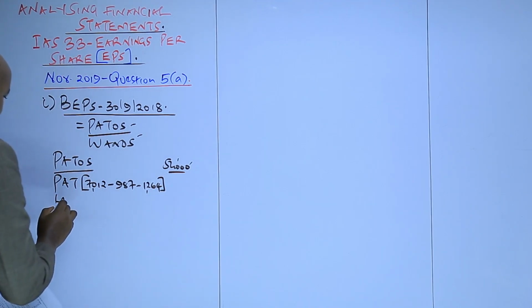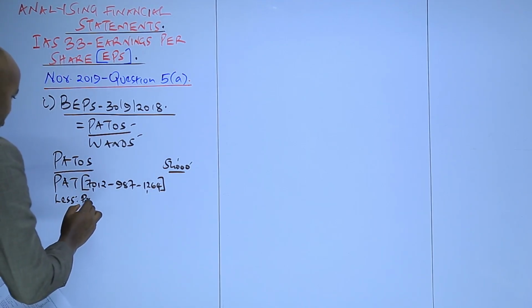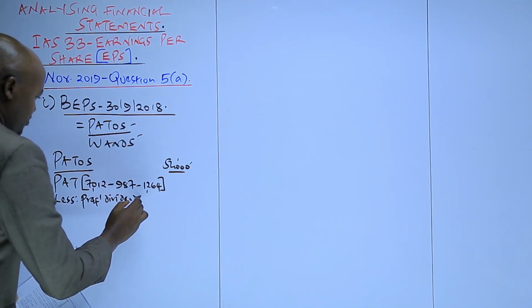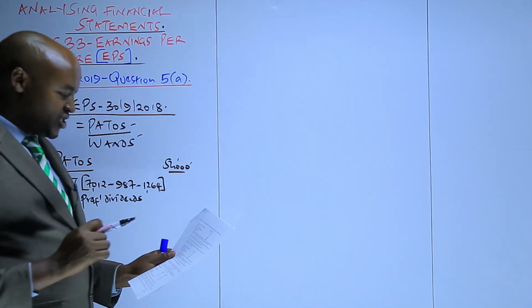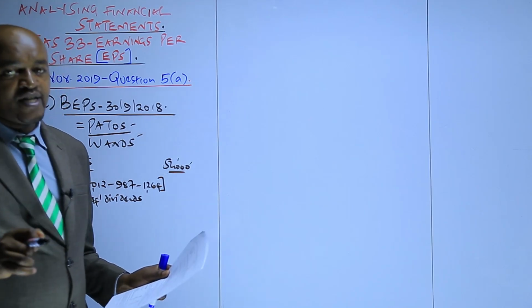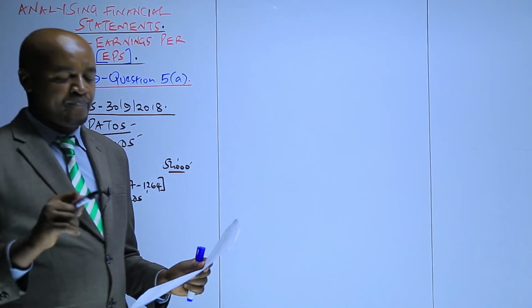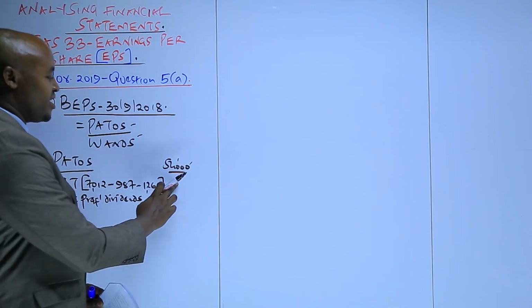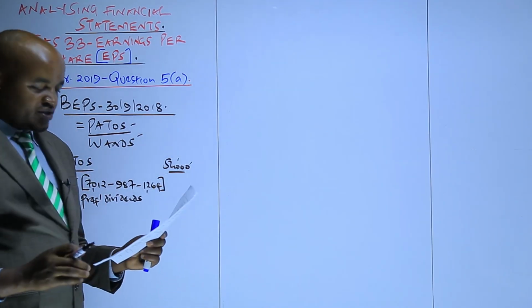And then to this we also less the preference dividends. You also have to recall what we said in our previous session, that if the preference shares issued by the company are redeemable, we don't less their dividends here because they have already been deducted in arriving at this profit as part of the finance cost.